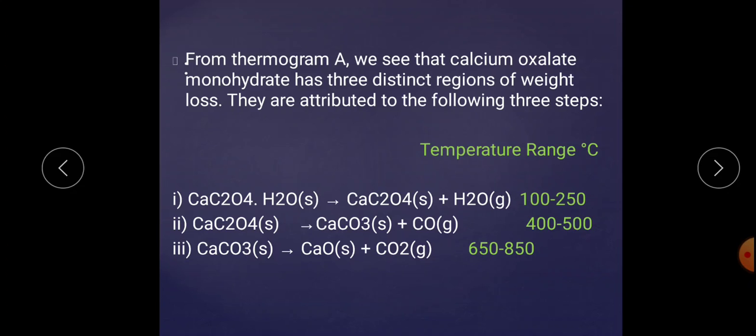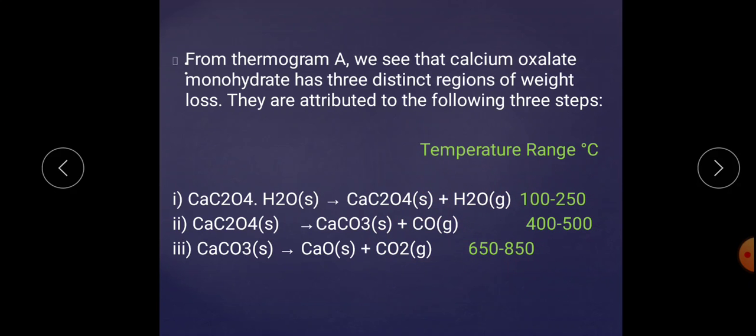So in thermogram A we observe three distinct regions of weight loss: the first because of loss of H2O, the second because of loss of CO, and the third because of loss of CO2 in this range of temperature.